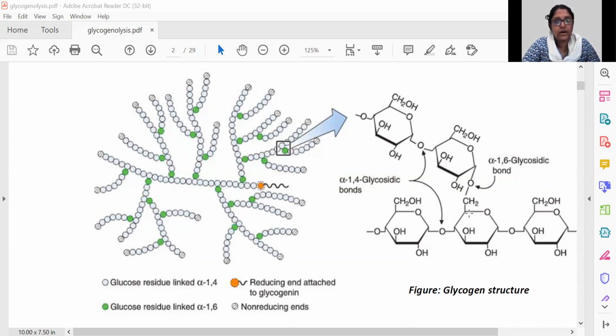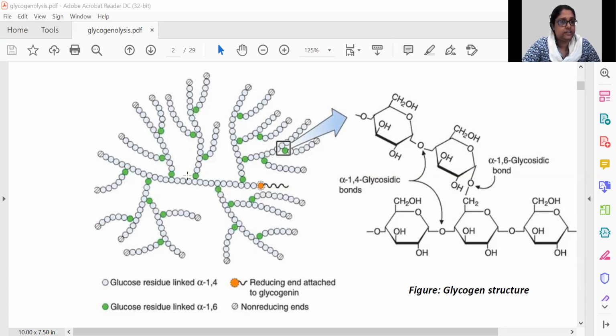Now, what is the alpha 1,6 linkage? In that, the OH from the sixth carbon is taken, and it will link to the first carbon, and that will be the alpha 1,6 glycosidic bond. One glycogen molecule can contain 30,000 to 60,000 glucose molecules, so it's a very highly compact structure.